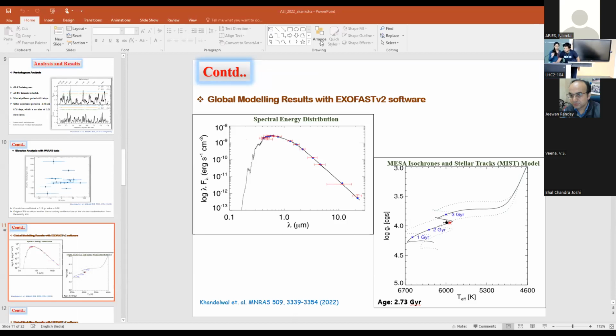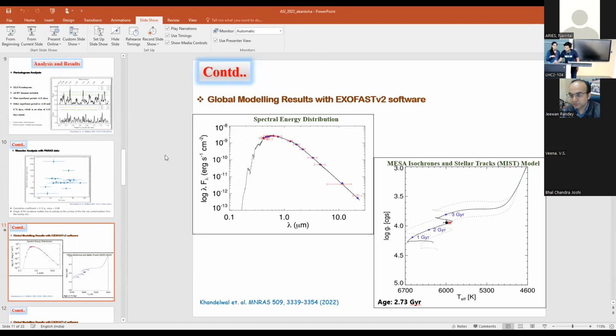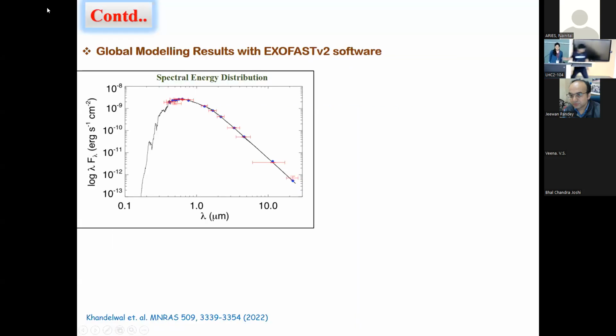For SED modeling, we used Gaia, 2MASS and WISE data. And here these blue points show their photometric magnitudes. And this is the best fitted model.